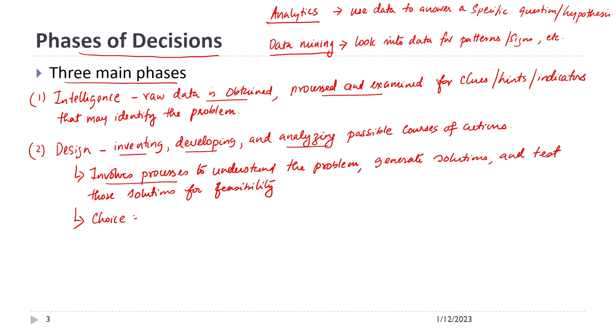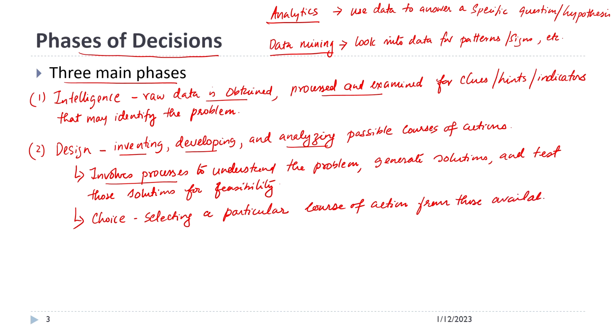Once you generate solutions, the next part is choice. You have to make a choice, which is selecting a particular course of action from those available.